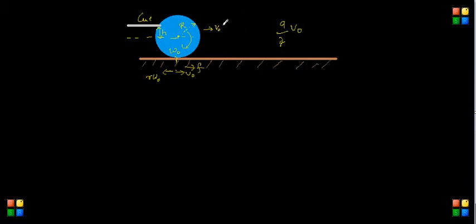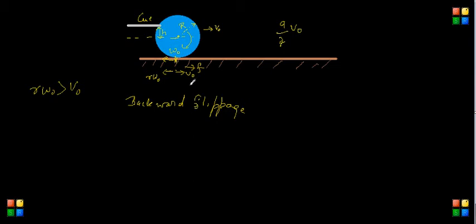What in turn is implied here is that if the friction force F is trying to support v naught, it means that r omega naught initially would have superseded v naught. It means that r omega naught to start with should have been greater than v naught, and if that was the case, this point of contact's tendency was of backward slippage in this direction. So this is also called backward slippage.